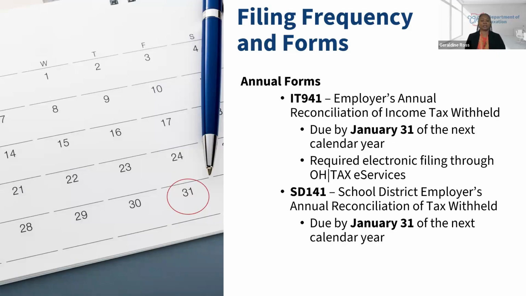This also follows the same billing progression that was discussed earlier in the presentation. And basically, you will be notified by paper that we did not receive your form. Then if that is ignored, then there's penalty and interest. And if that is ignored, it can progress over to collection with the Ohio Attorney General.